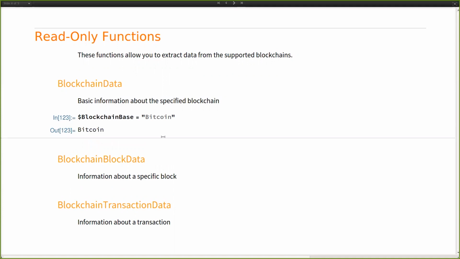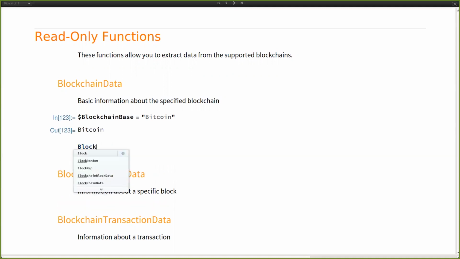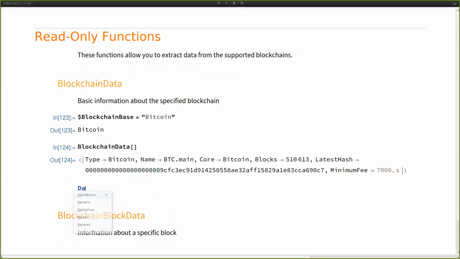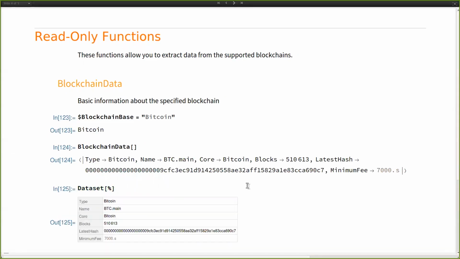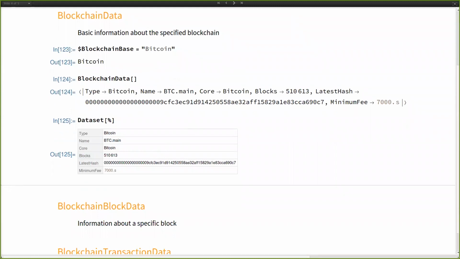So with this, I set my default blockchain to the Bitcoin one. This will tell the Wolfram Language to use the Bitcoin blockchain with all these functions. So let's try something first. Let's do a BlockchainData of the Bitcoin blockchain. As you see, I get some basic information about the Bitcoin blockchain.